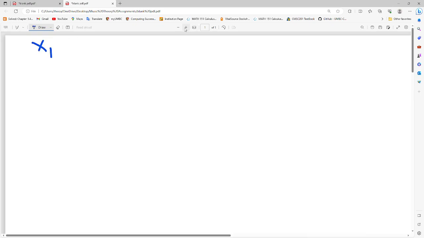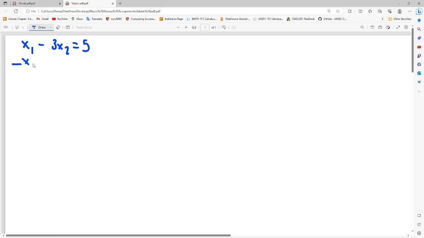And I'm going to write down our system of equations right here. We get x1. I'm going to zoom in a little more. x1 minus 3x2 is equal to 5.